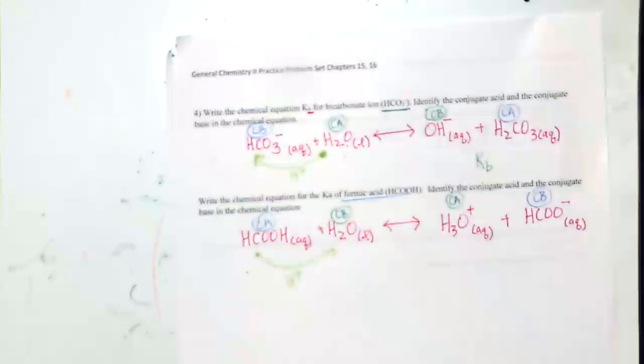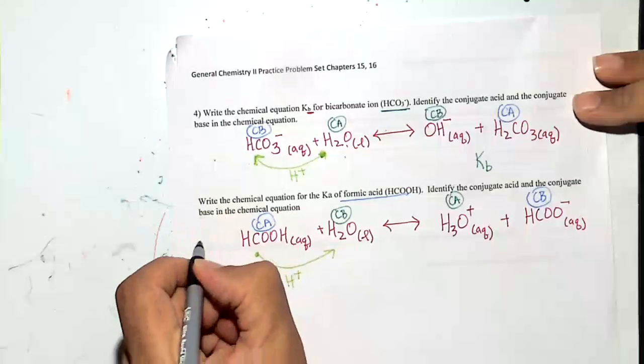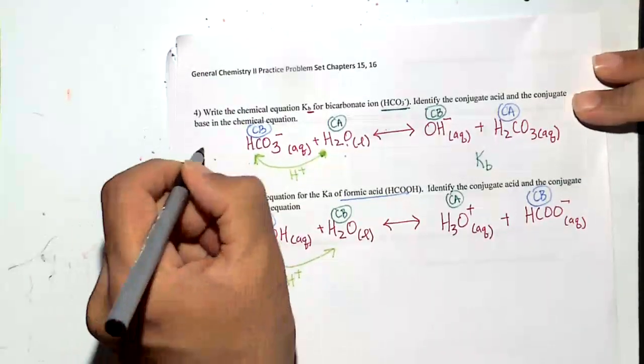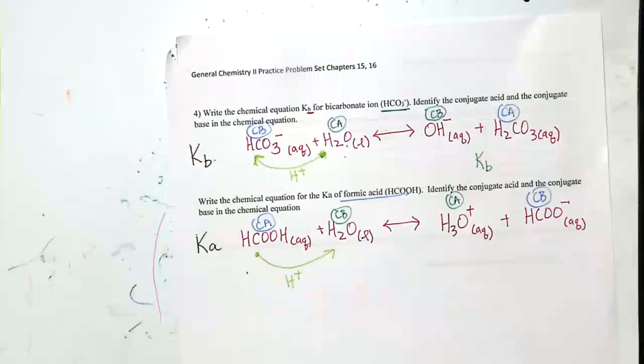H3O plus is acid, OH minus is base. All right, so this is how we define a Ka below, and this is how we define a Kb above. Any questions or comments here?